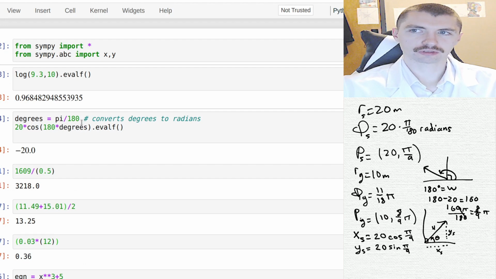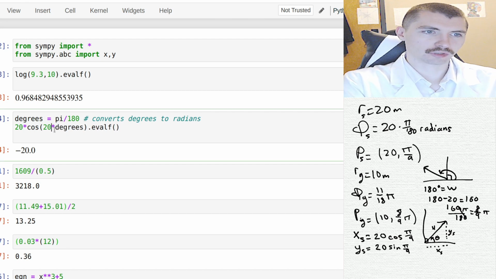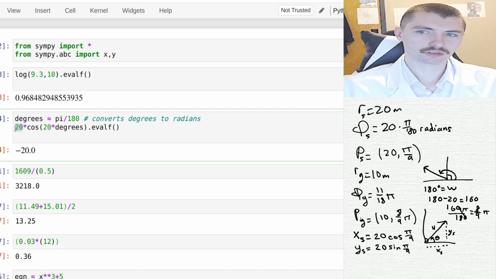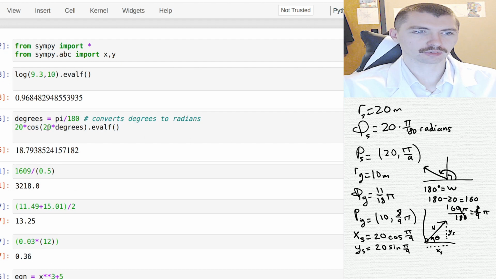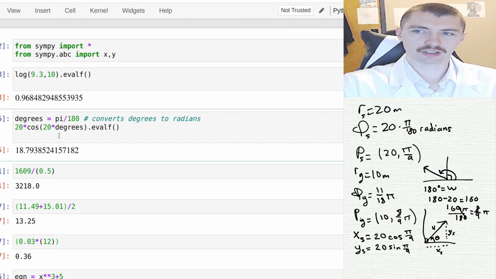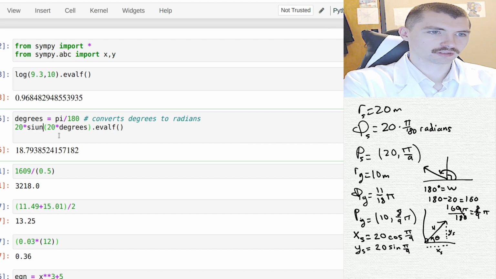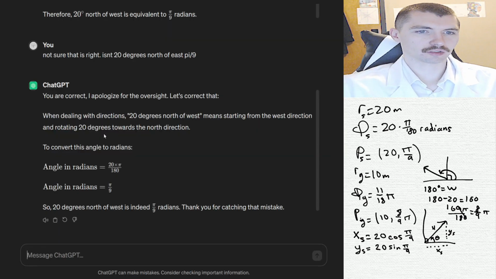So 20 times cosine of 20 degrees gives 18.9 for the x of the silver coin. Okay, that works out. And sine gives 6.8.